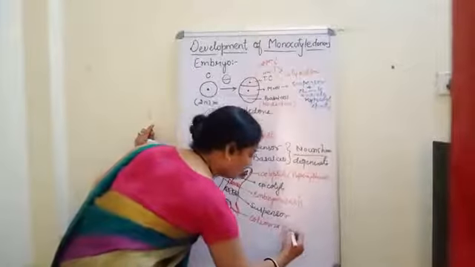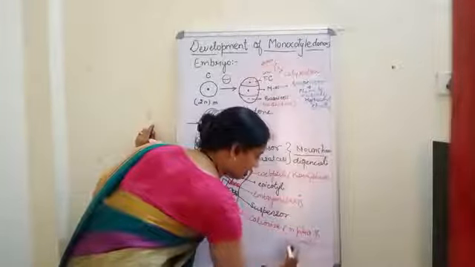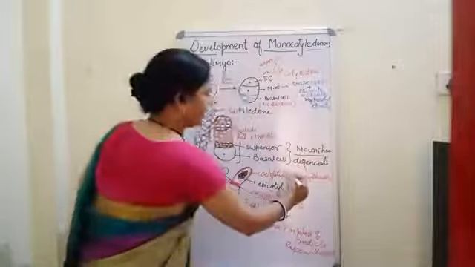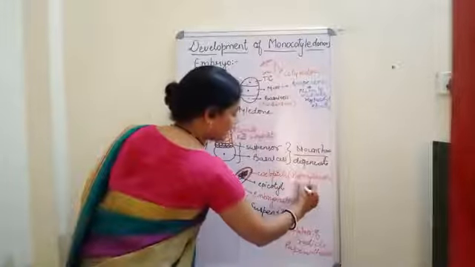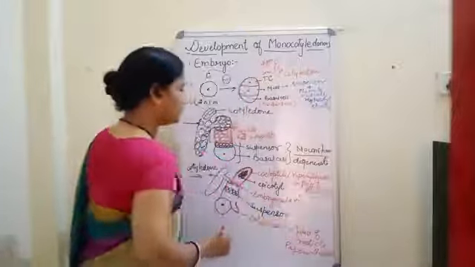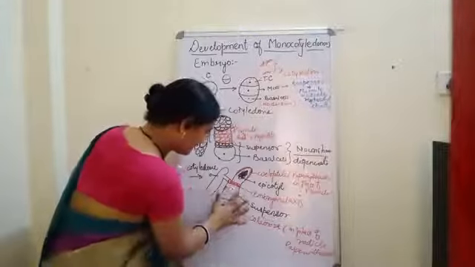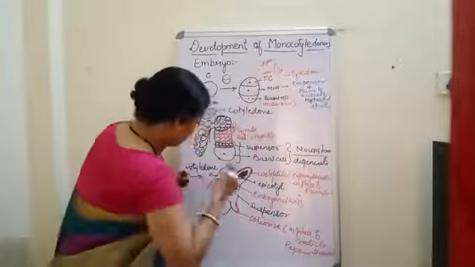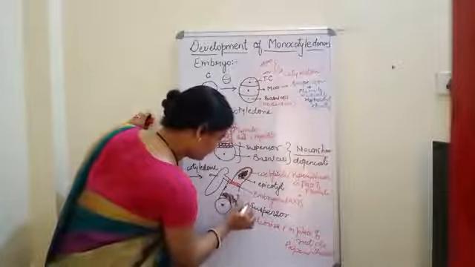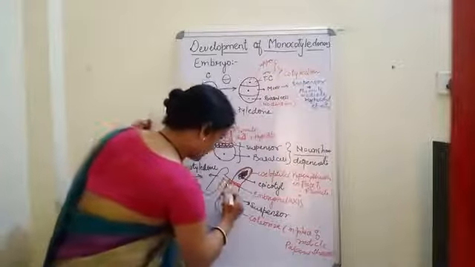So, we can write down, in place of the radicle, there is a papery sheath. And here, in place of the plumule, there is a papery sheath called the coleoptile. Okay. Then the suspensor is this portion. This is the suspensor layer, and this will be the hypocotyl.